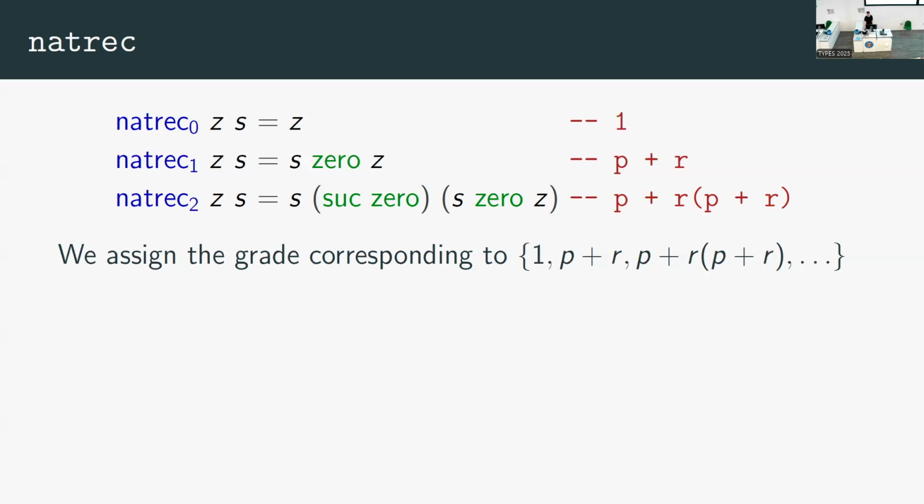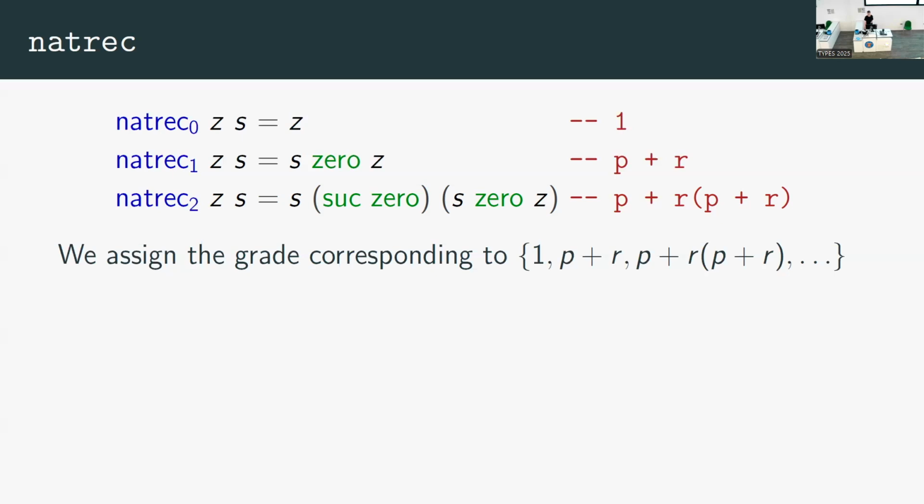In particular, if we were interested in figuring out when this natural number is used linearly, or exactly once, we would need all of the elements in this set to be 1, which maybe is not super obvious, but it's when one of p and r is 0 and the other one is 1.